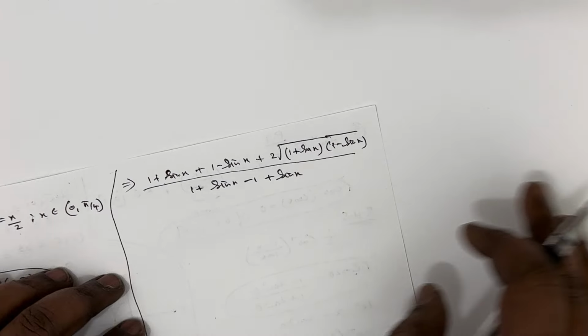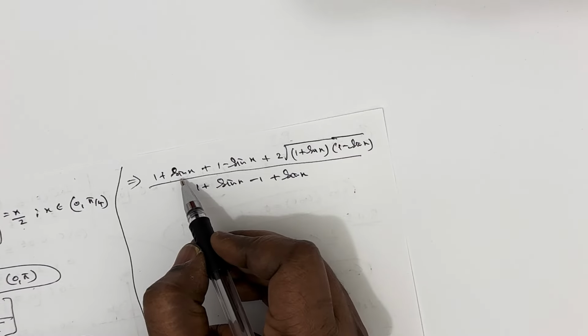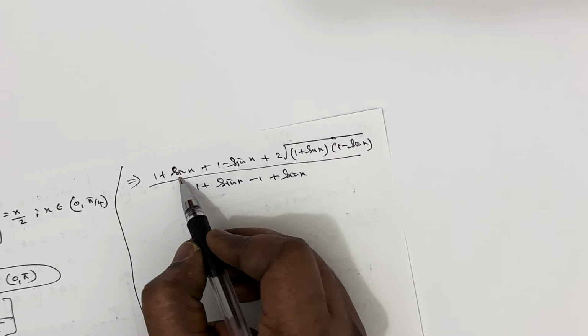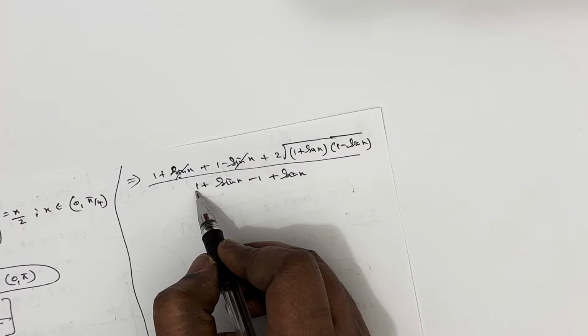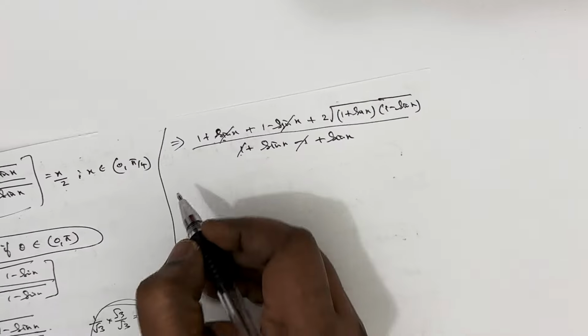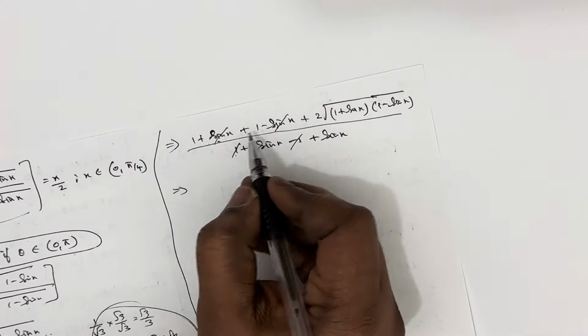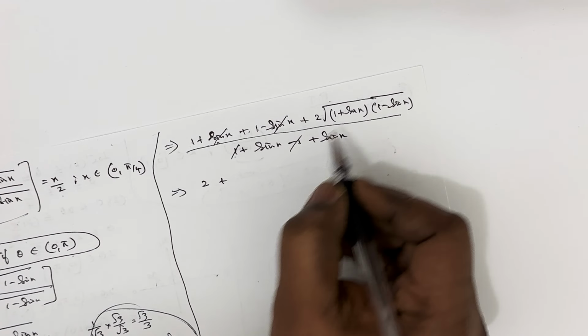Now you can see that the positive sin x and negative sin x get cancelled out, and the positive 1 and negative 1 get cancelled out, so the remaining will be 1 plus 1, that is 2.